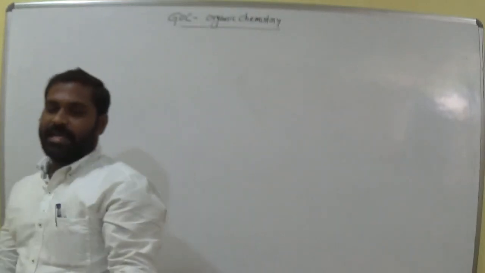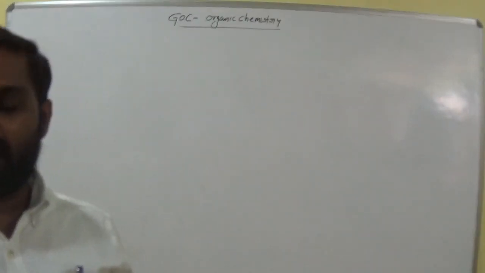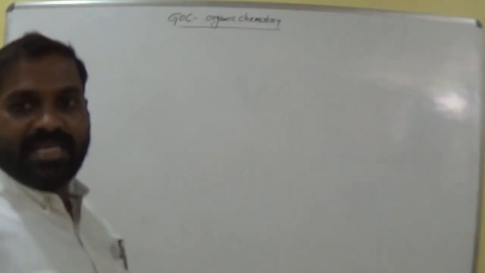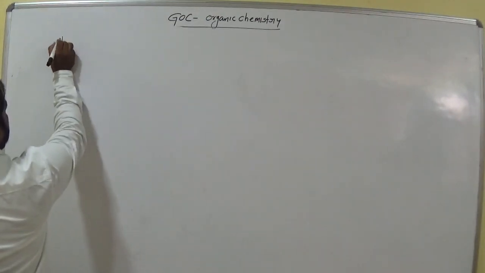Then go for types of hybridization. How many types of hybridization do we have here? Clearly we have three types of hybridization: sp, sp2, sp3.